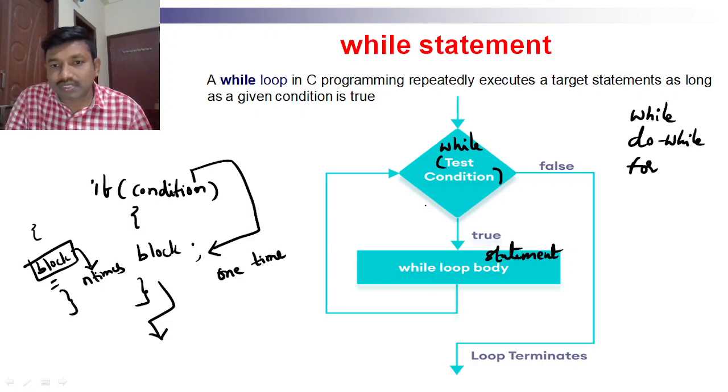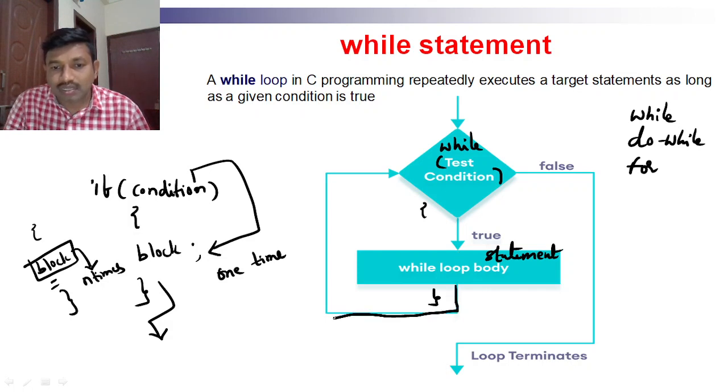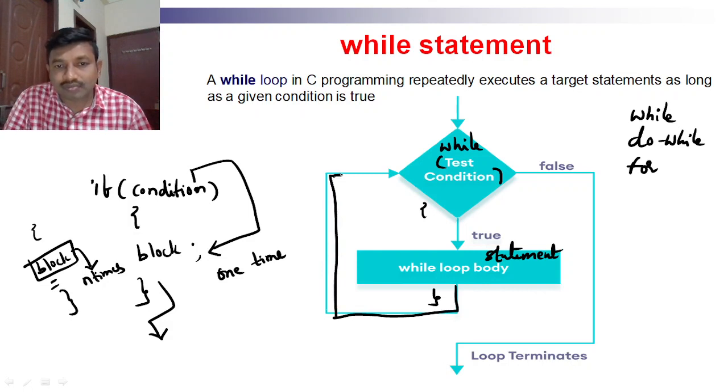So if the test condition is true, you are going to execute this block of statements. And this is in fact a loop. When you execute the block inside this while statement, again you go back and test the condition again. Still, if the test condition is true, you execute again the block inside the while, otherwise you will come out of the loop.